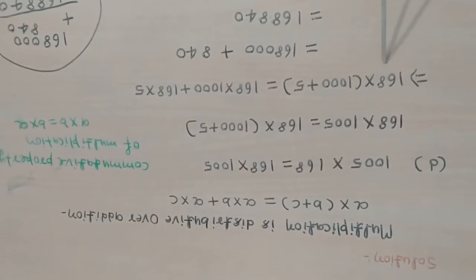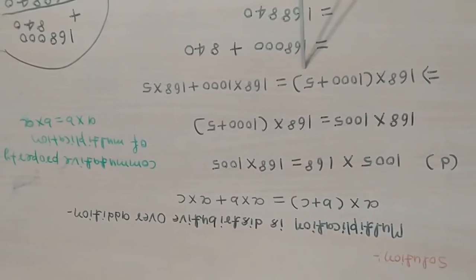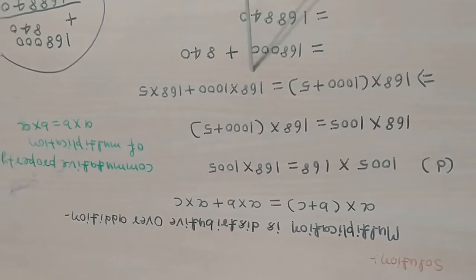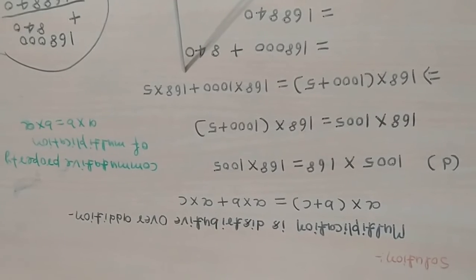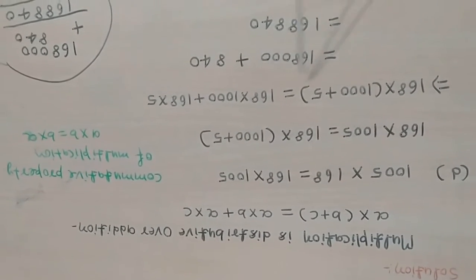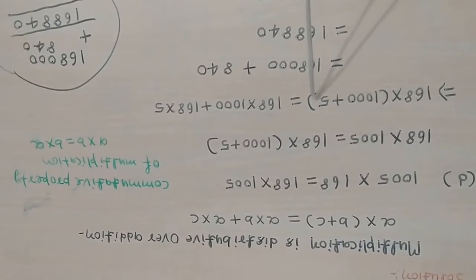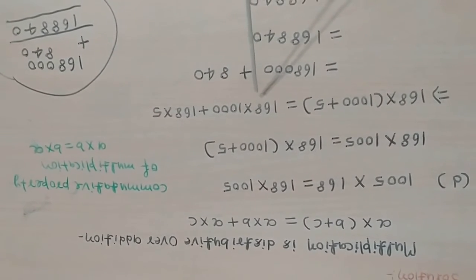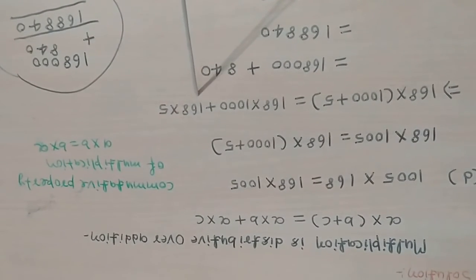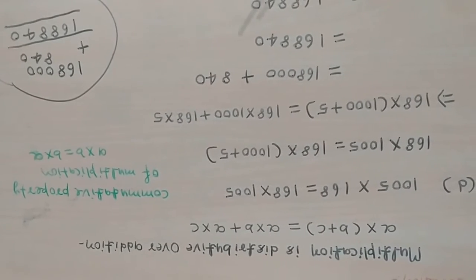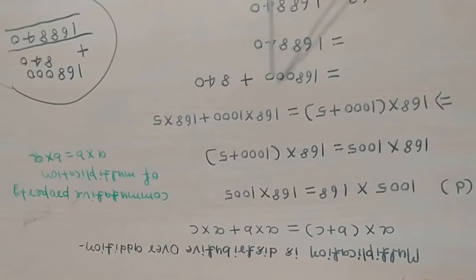So now we distribute: 168 into 1000 plus 168 into 5. Clear?